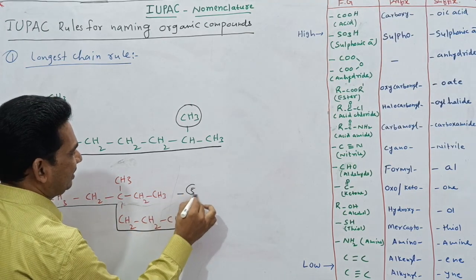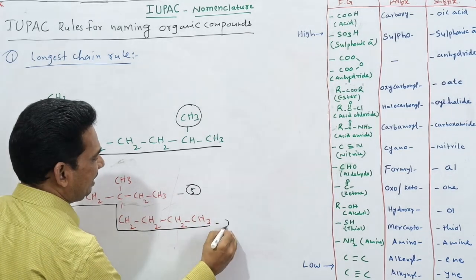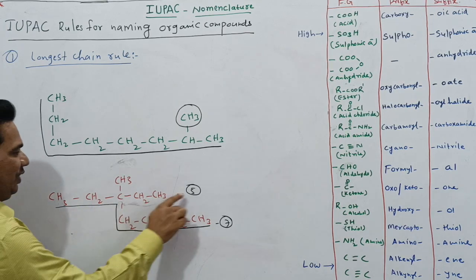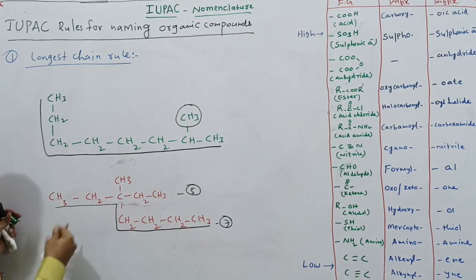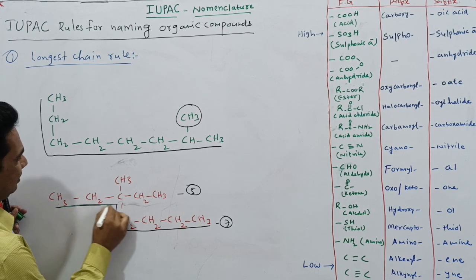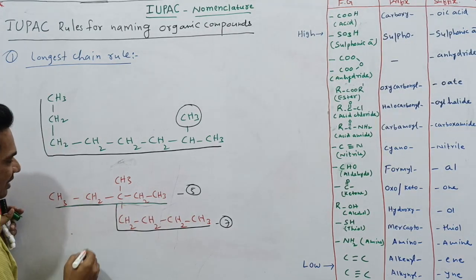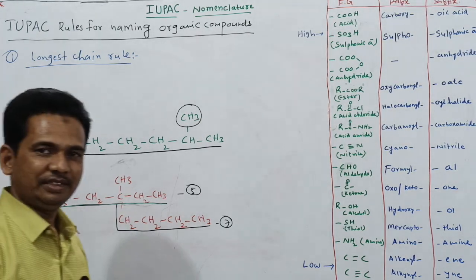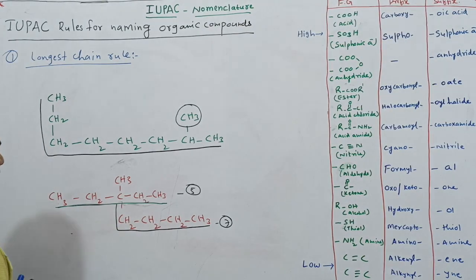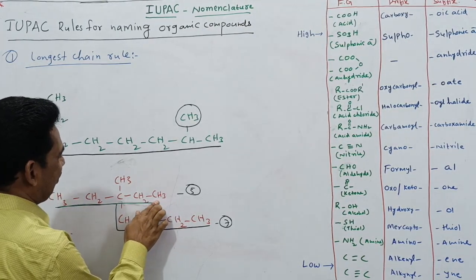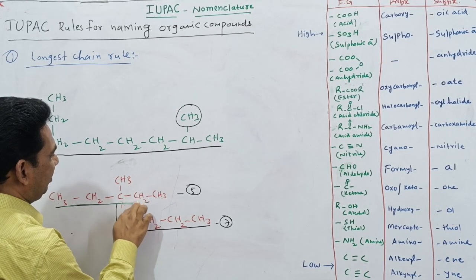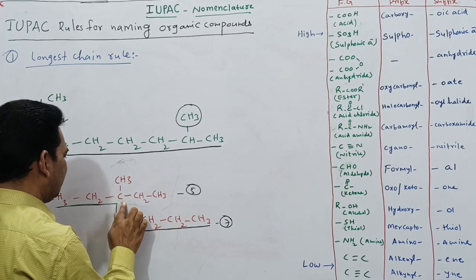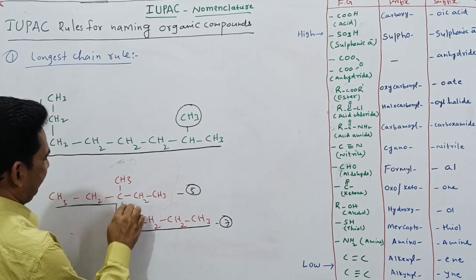This side, 5 carbons are coming. Here how many carbons are coming? 7 carbons. Then which is the longest chain? The 7 carbon one is the longest chain. That's why, irrespective of the straight carbon atoms in the chain, we give importance to the length of the chain.